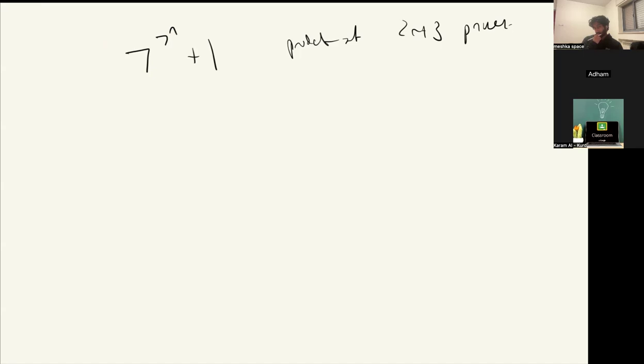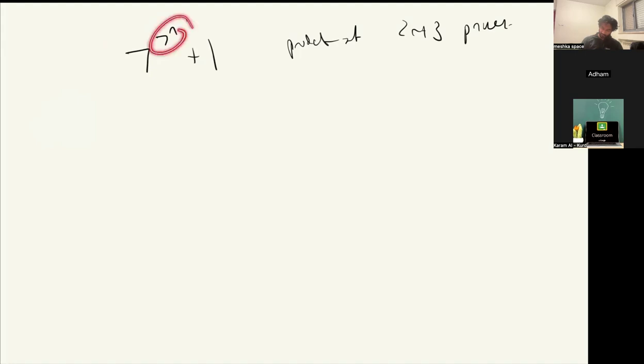Let's think. But hold on, let's see. If we want to use lifting the exponent, we would need the prime to be 7, right?